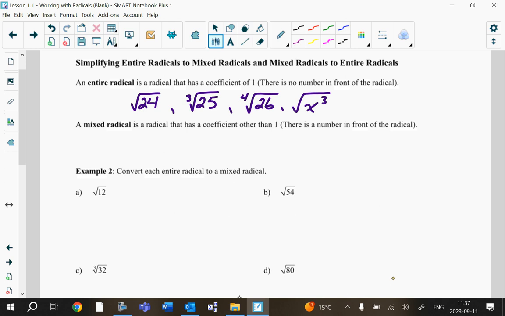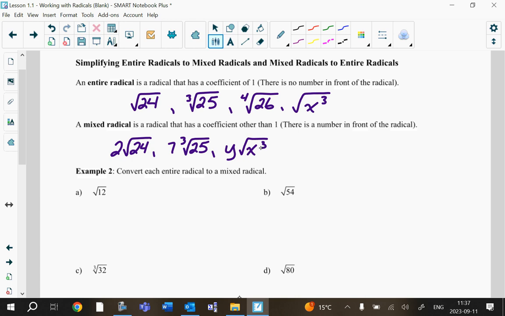A mixed radical is made up of this and a number in front being multiplied. So it would be like 2 times root 24. 7 times cube root 25. Y times square root x to the third.